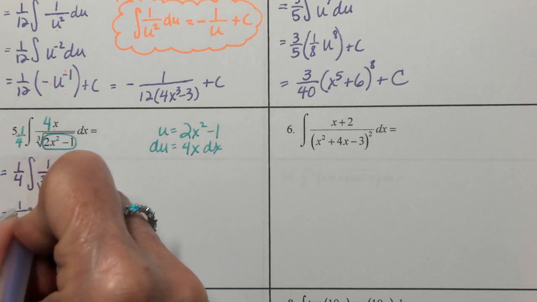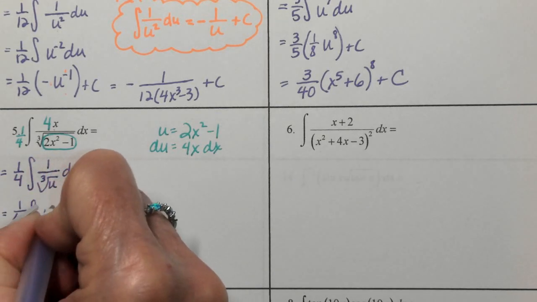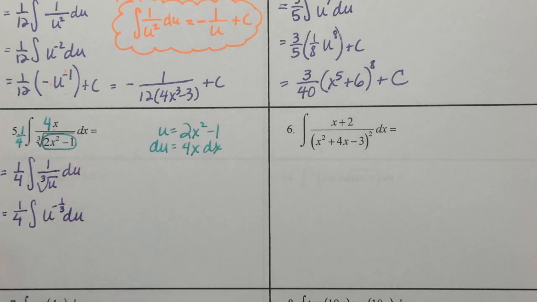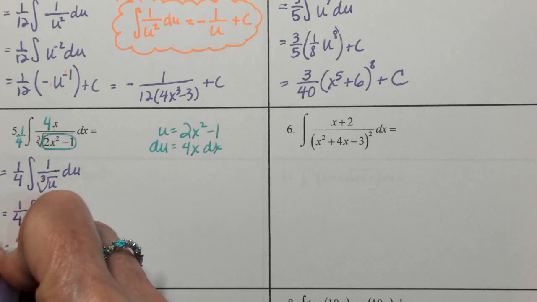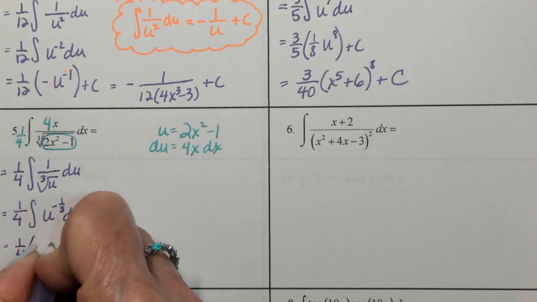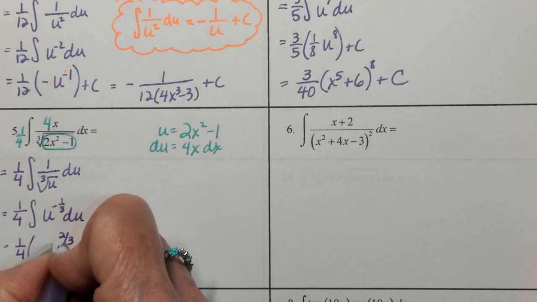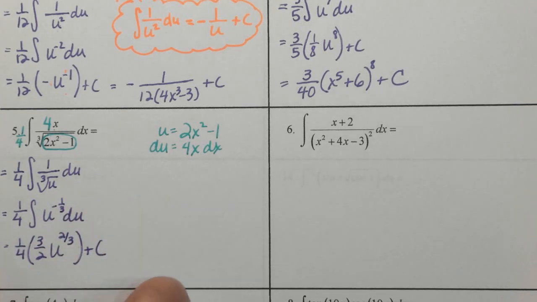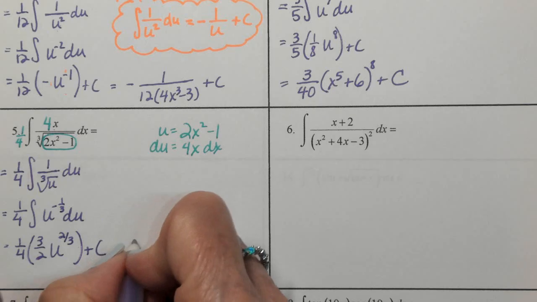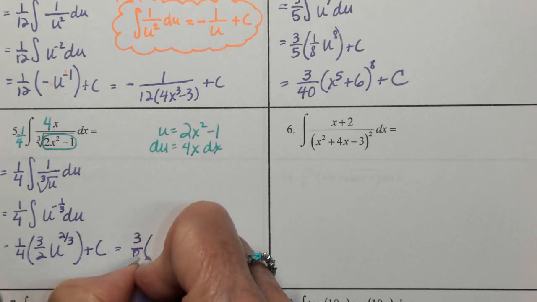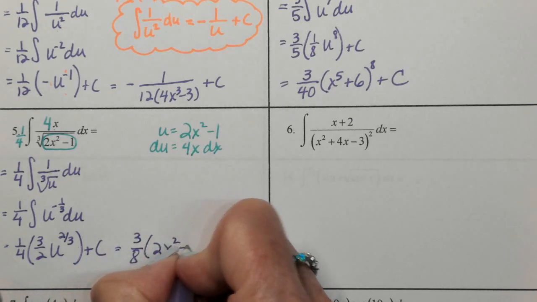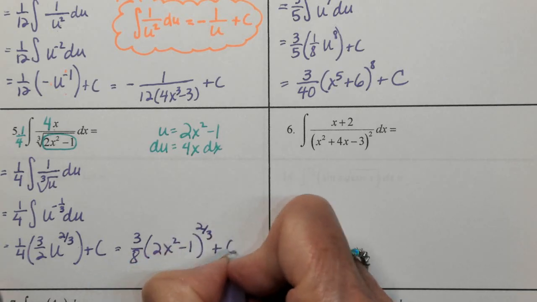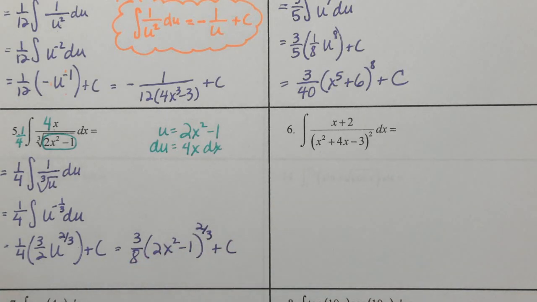So I'm going to bring that u to the top, give it a negative power, and use the power rule. Add 1 to the power, divide by your new power, plus c. Multiple choice answer: 3/8, 2x squared minus 1 to the 2/3, plus c. Okay?